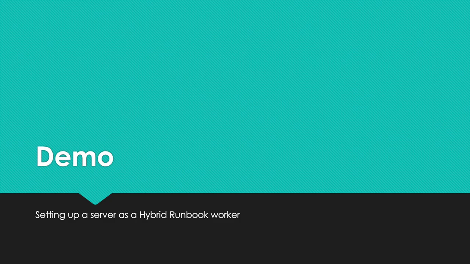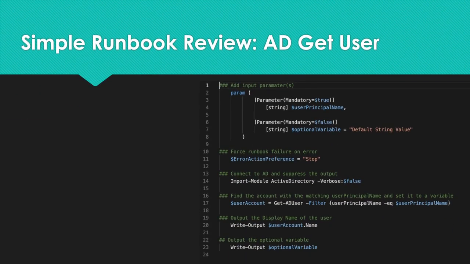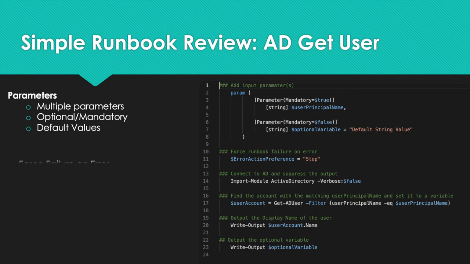Okay, now that we're back from installing our hybrid Runbook workers, let's take a look at a simple Runbook that would be running on one of those workers. Here we have the same parameters that we saw before, multiple parameters, optional, mandatory, default values. We're forcing the failure on error.